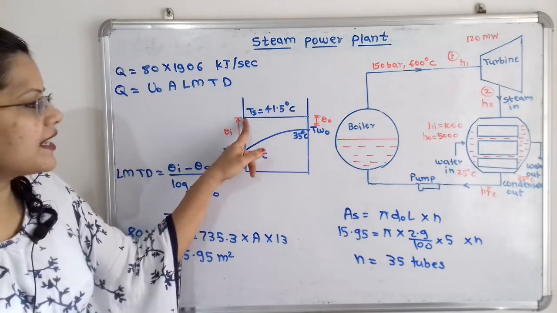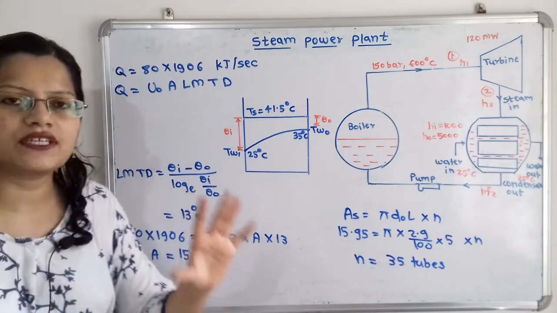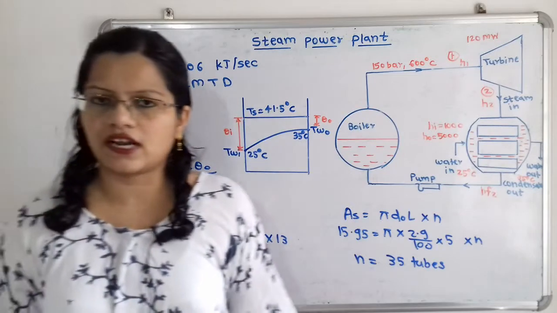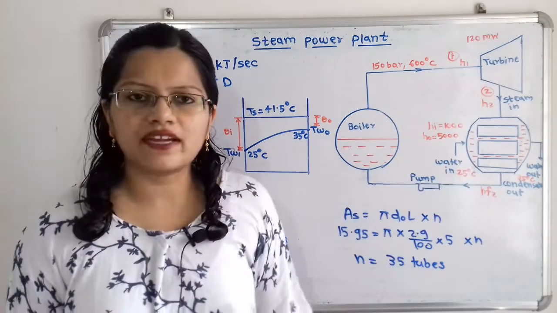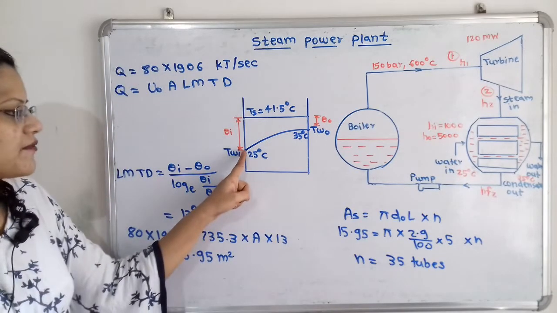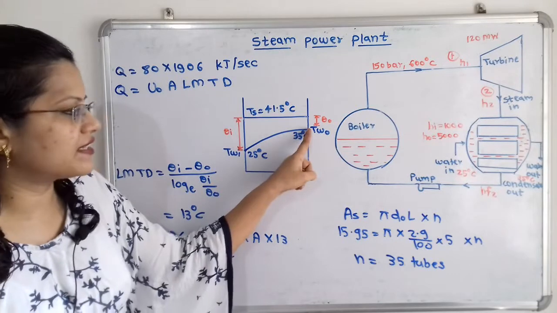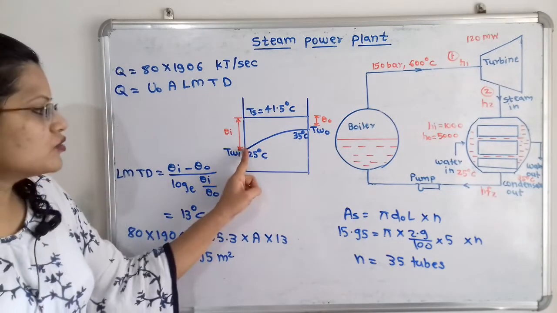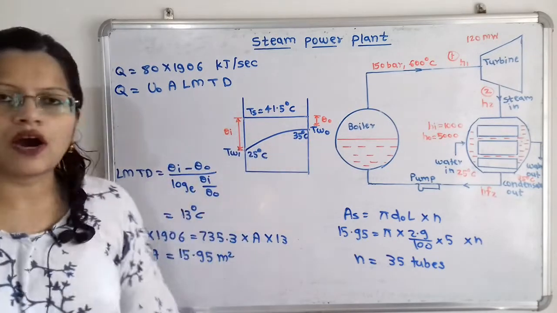At the inlet the temperature is 41.5 and at the outlet the temperature remains the same, 41.5, so we draw one straight line. Then what is the temperature of water at inlet? That is 25 degrees Celsius, so we mark one point at 25 degrees Celsius, and at outlet 35 degrees Celsius. We join these, so the temperature is increasing from inlet to outlet.